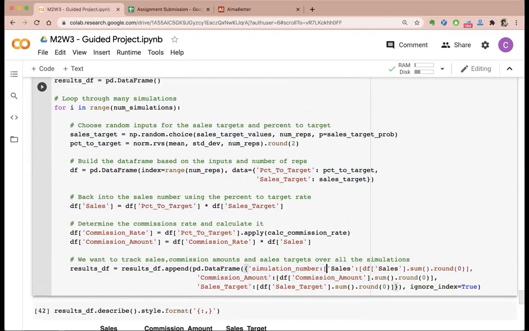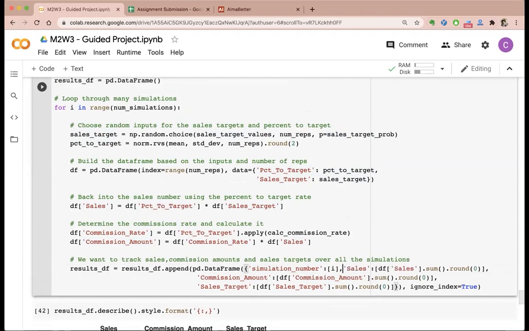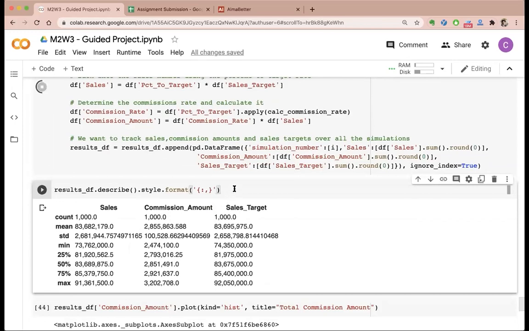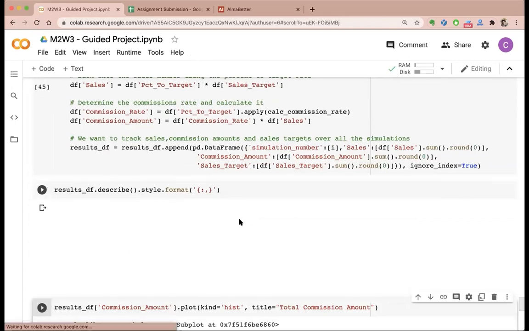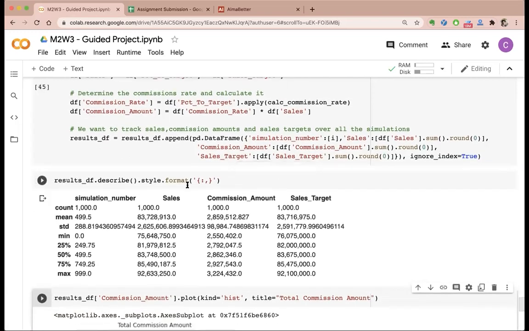So this will be nothing but i. So this is the simulation number. Okay. So 1 to 1000.